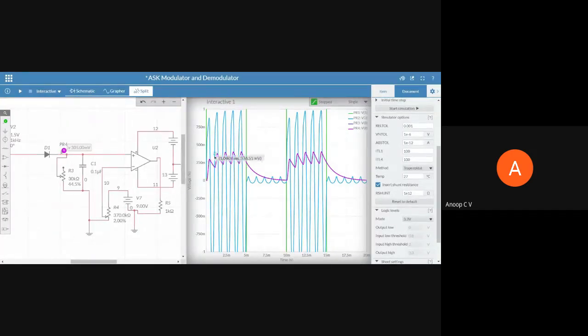Should I set it around 500 millivolt, or below 0, or between 0 and this? At what level should I set the reference voltage?